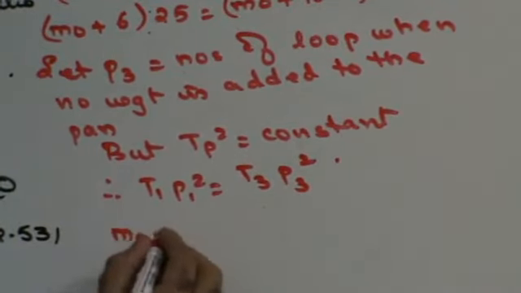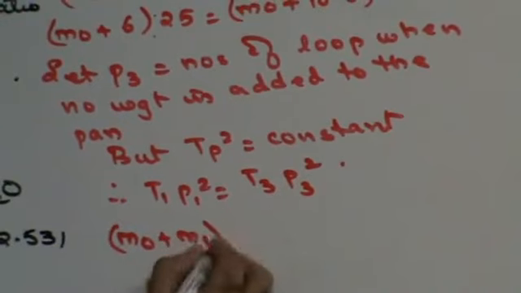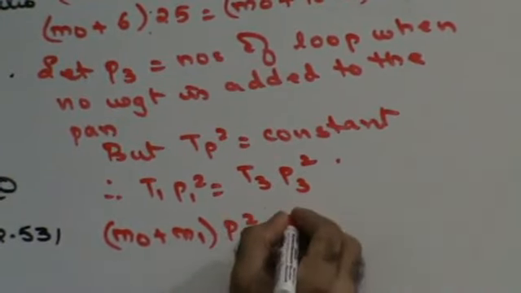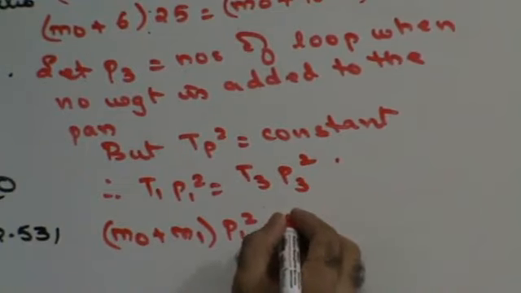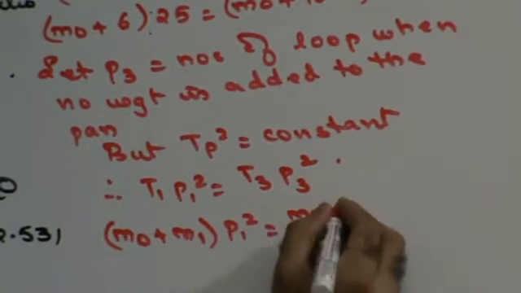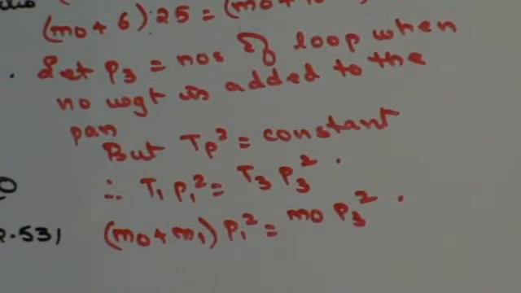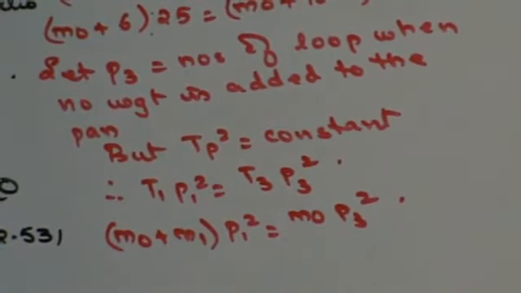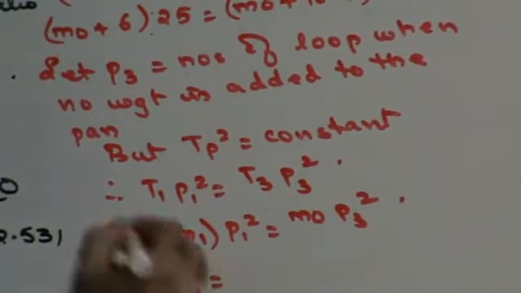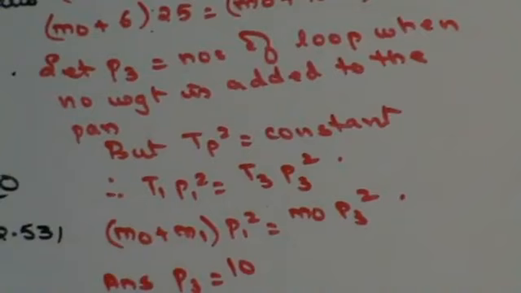T1 is m0 plus m1 into P1 square. When no weight is added to the pan, the only tension on the string will be the weight of the pan, so that will be m0 into P3 square, right? You already found the value of m0, and P3 is the only unknown, so you should be able to get the number of loops here. The answer is P3 equal to 10. You will get 10 loops when there is no weight added to the pan.